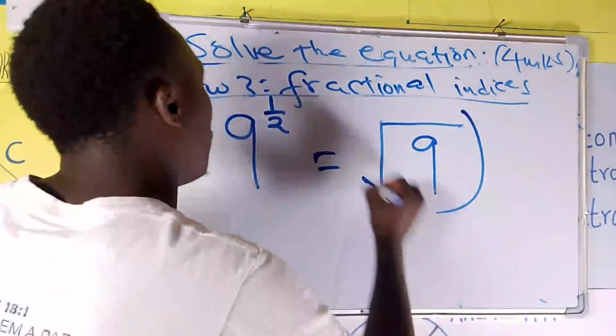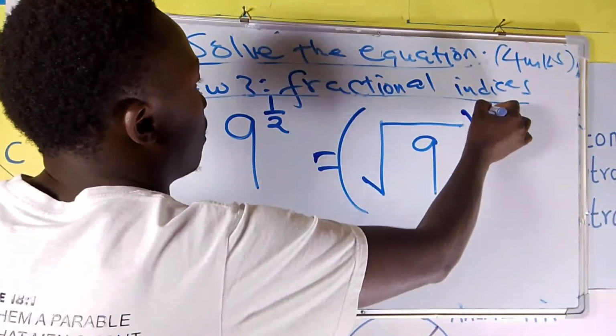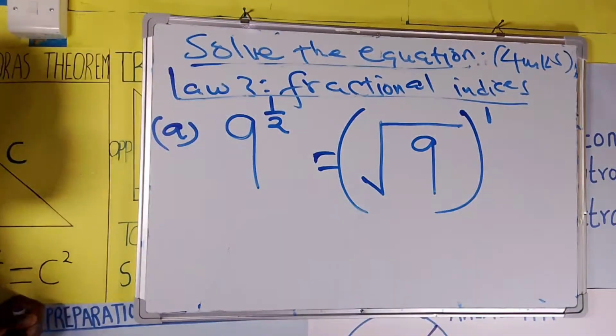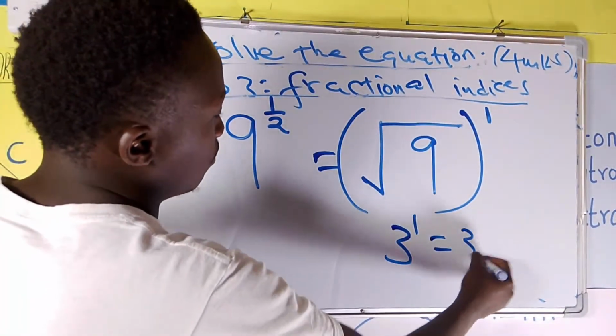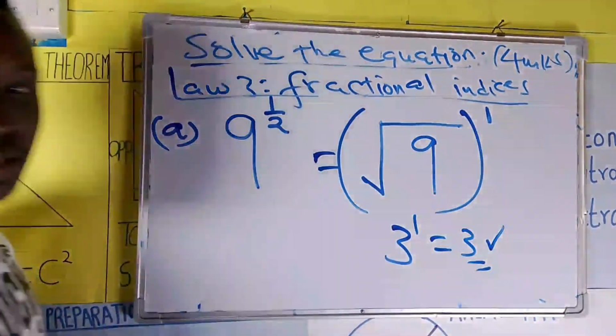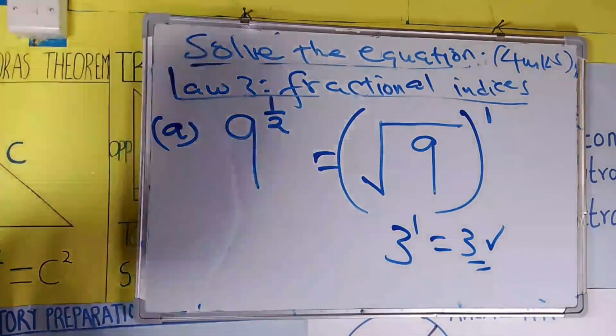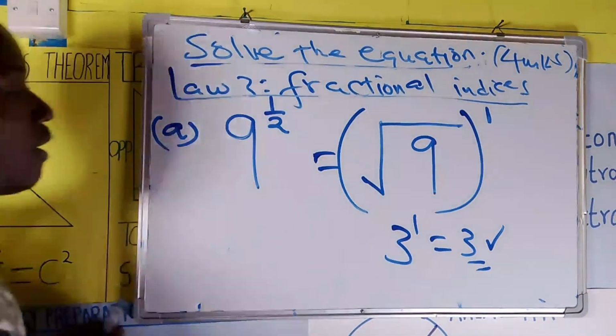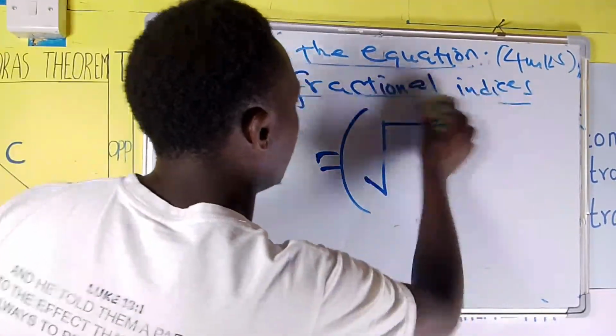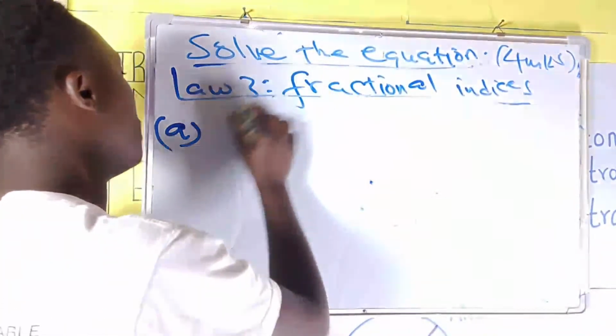So it is the square root of 9 multiplied by 1. The square root of 9 is 3, and 3 to power 1 is equal to 3.